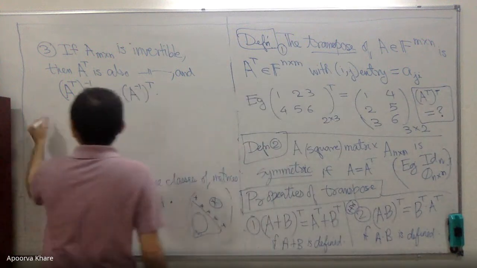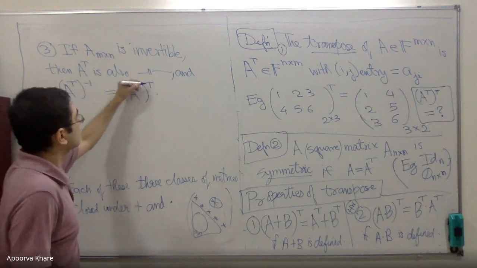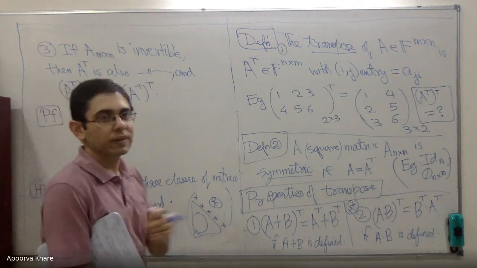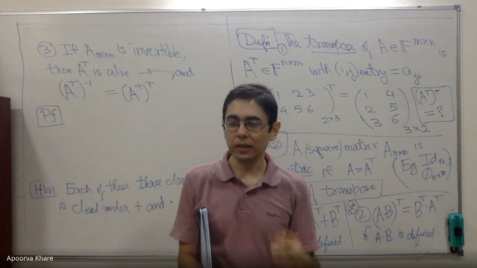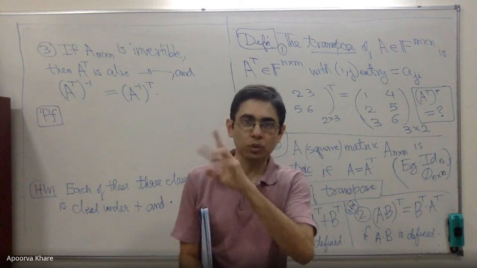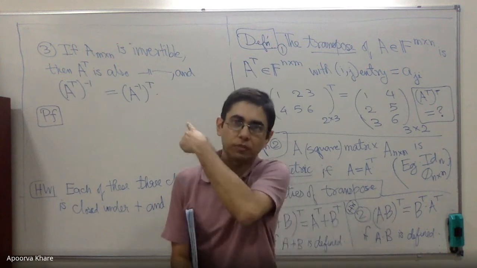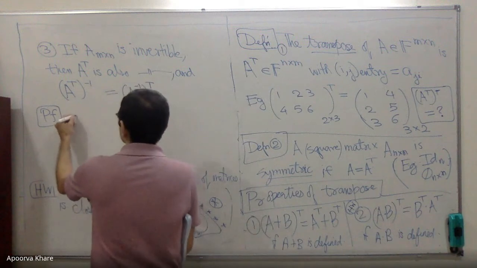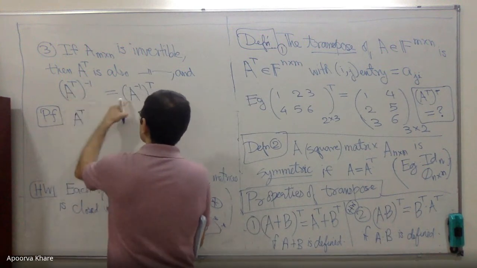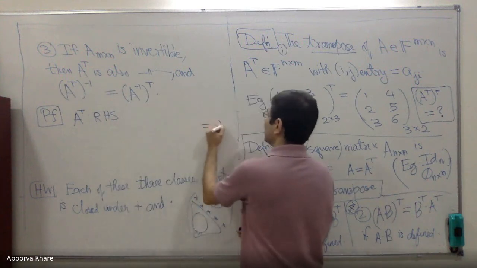Okay, so proof of 3. How do you prove that this is this thing? You just need to verify that A transpose times this candidate on both sides is the identity. Then there is at least one matrix B and one matrix C, both of which are this one, such that this happens, and so you're done. So let's look at A transpose times this candidate matrix, and check that this is equal to the identity.